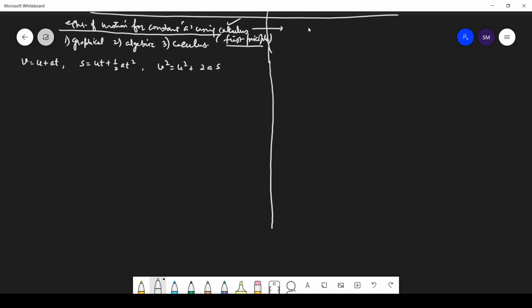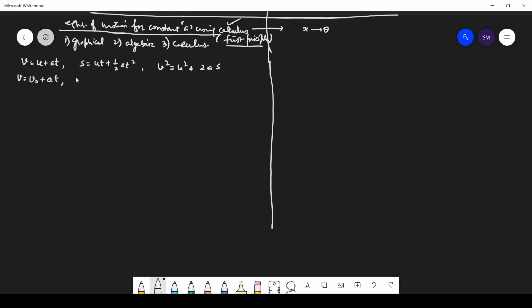So you know that in rotational motion we replace x with theta. One more way to write it is v is equal to v naught plus at.